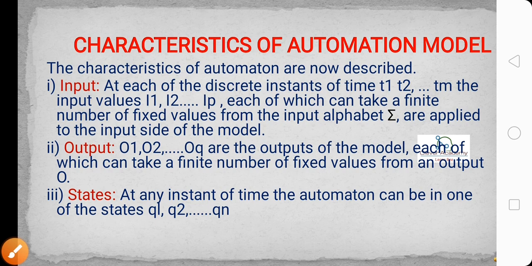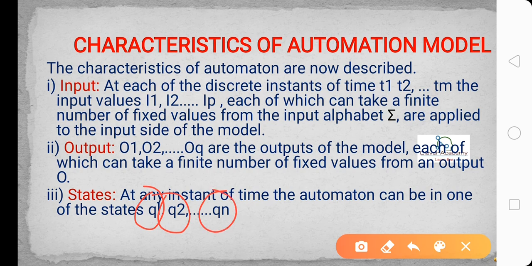The third one is the states. A finite automata is represented with a set of states. Basically we define them with the keywords q0, q1, q2, q3 and so on.